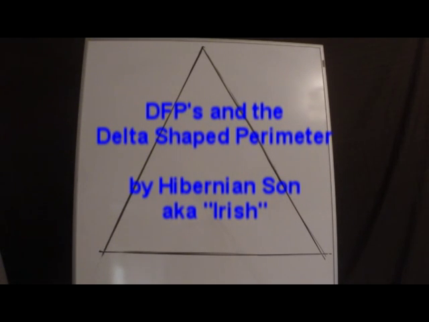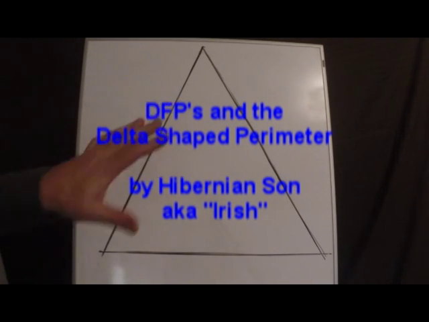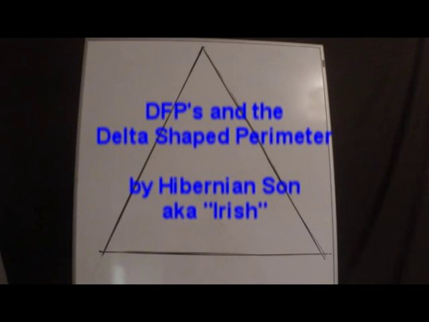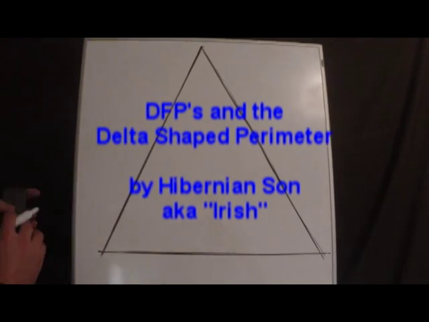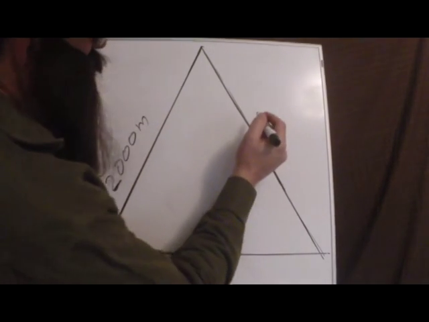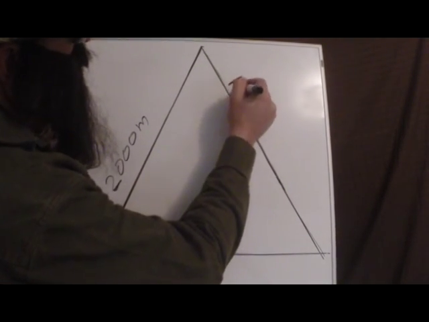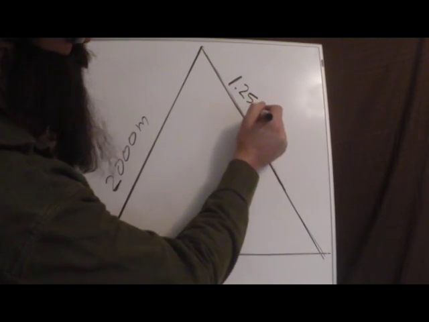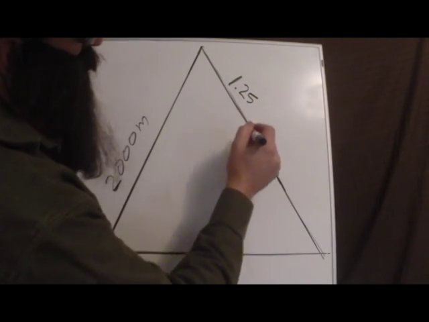And so I've got a triangle up here. Irish's delta-shaped perimeter in his scenario had sides that were 2,000 meters long each, being an equilateral triangle. 2,000 meters is roughly 1.25 miles.